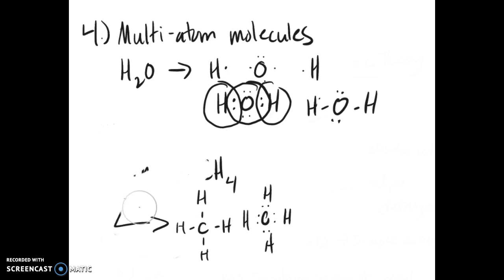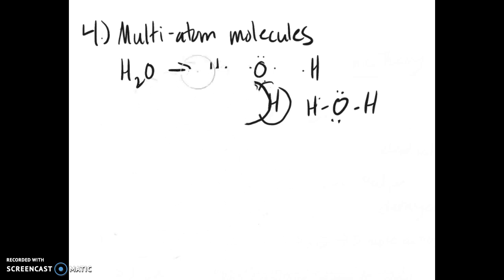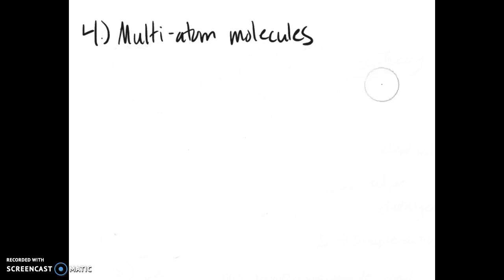Now I'm going to clear some space and we're going to do a slightly more complicated example. Now, let's say you have something that's called methanol, which we'll talk about again with organics, but its formula is CH3OH.